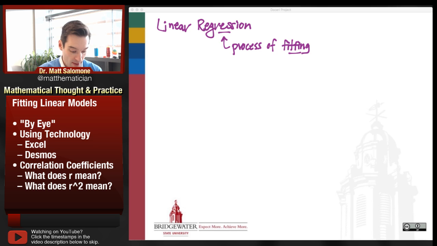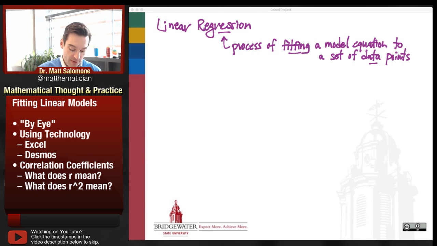But the process of fitting a model equation to a probably very large set of data points. So we get some data points from measurements probably taken from the real world. And then I want to use some tools to figure out how to put an equation on top of that data to model the behavior in that data as best as any equation of its type can do. That's where the word fitting comes in.